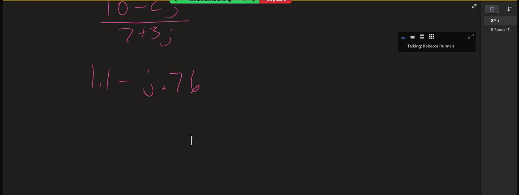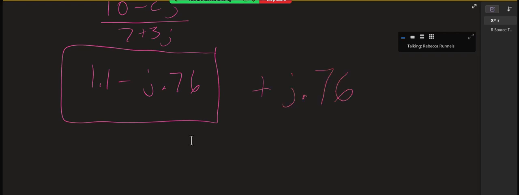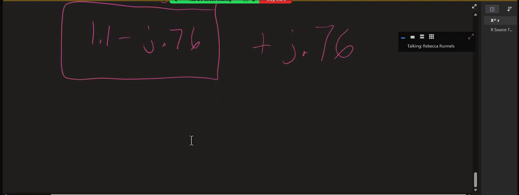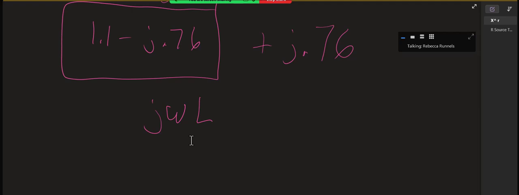So this is our impedance right now. We want it to be real. We need to get rid of the imaginary part. So we want to add J.76. And we know that in order to get a positive imaginary part, we need an inductor. And we know that the impedance for an inductor is J omega L. So we need J omega L to equal J.76.